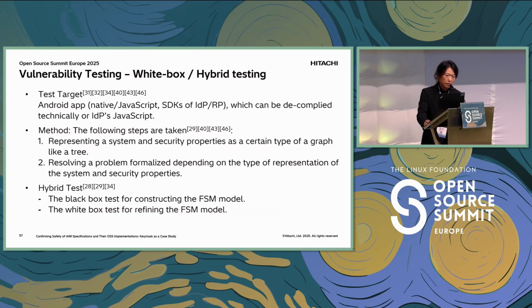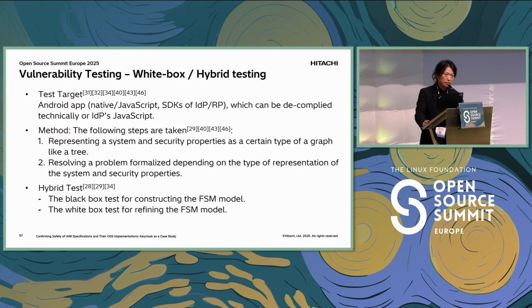Regarding white box and hybrid testing, most of the research papers I investigated usually targeted Android applications. Then they took the following two methods. The first, they represent the system and security properties as a certain type of graph, like a tree.